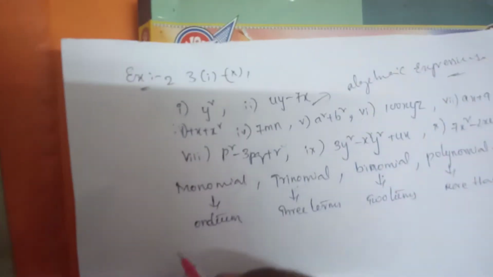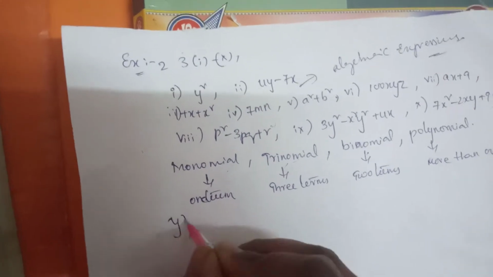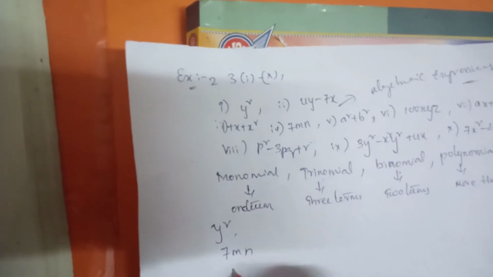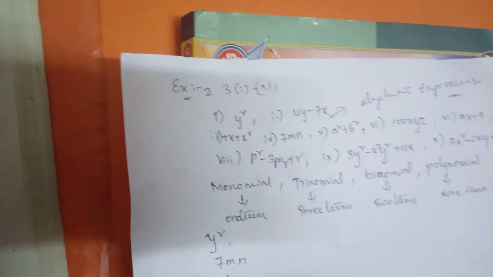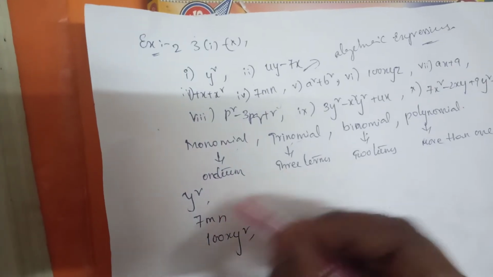Now can you say what are the monomials? y square is one of the monomials, and 7mn is one of the monomials, and 100xyz is also one of the monomials, because they have only one term.